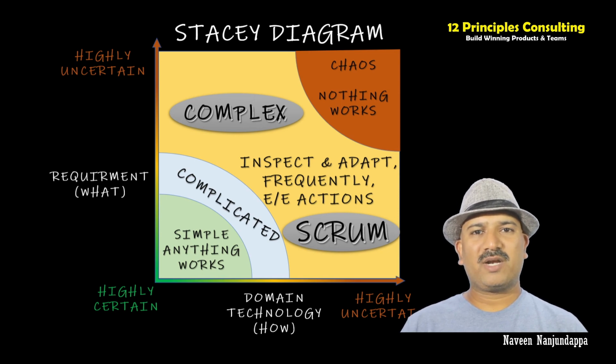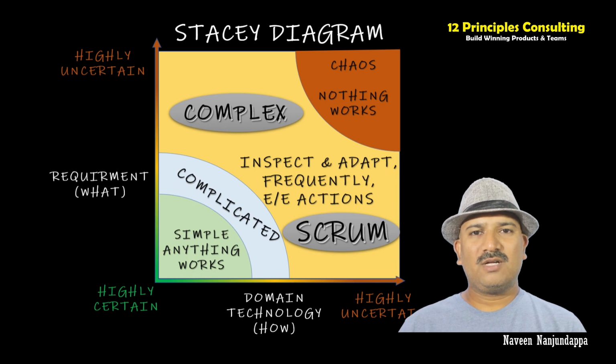Complex zone needs inspect and adapt. Scrum gives you inspect and adapt. And that is how Scrum is best suited for a complex zone. Of course, it can be used for other zones, but the best use is in a complex zone. And this comes to two points.